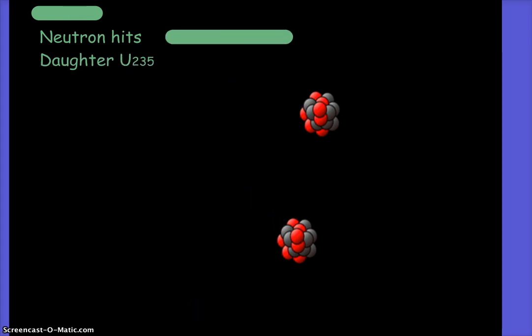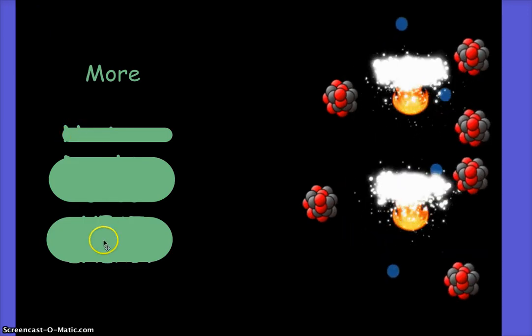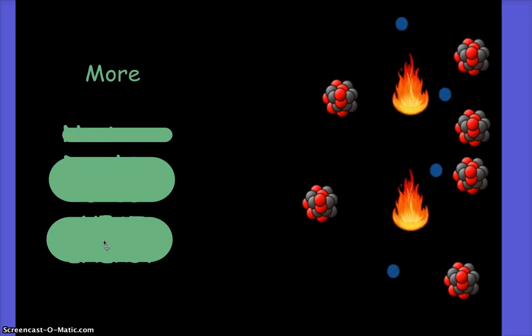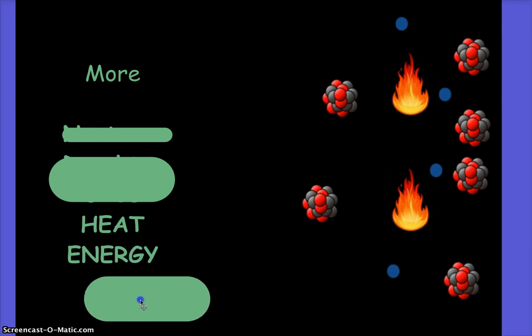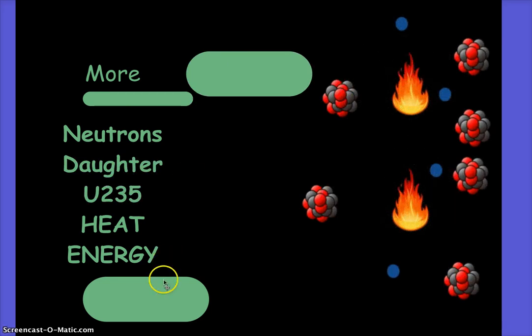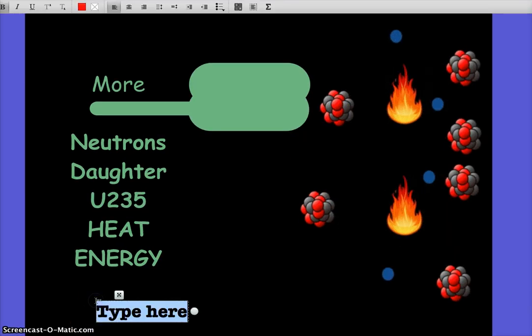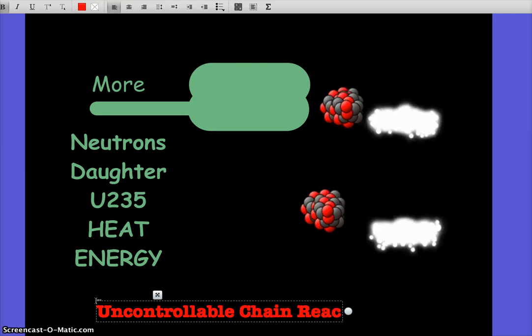It's going to produce more, what? More heat. What else? More neutrons. More U-235. At the end of this statement, I want you to put it's an uncontrollable chain reaction. Uncontrollable chain reaction.